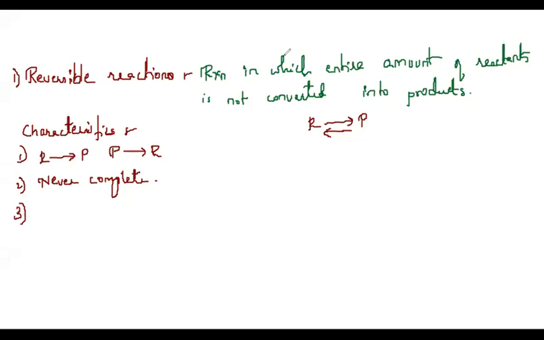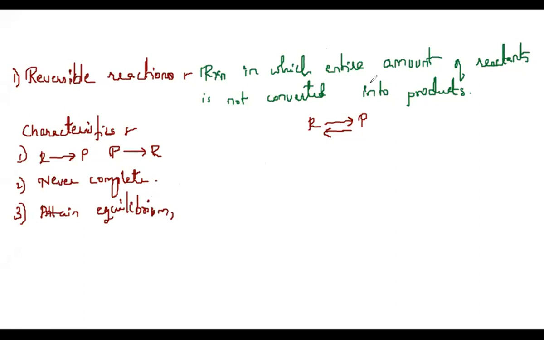So these reactions have the tendency to attain equilibrium. What does attaining equilibrium mean? With the speed at which the reaction is proceeding in the forward direction, with the same speed the reaction will proceed in the backward direction at a certain point during the progress of the reaction. That time we say it has attained equilibrium.